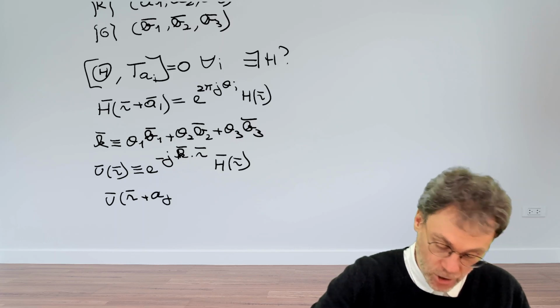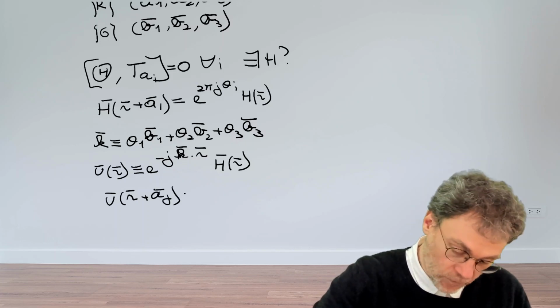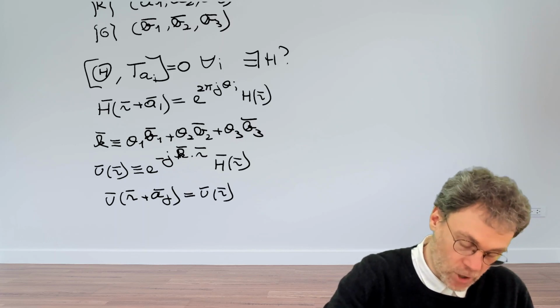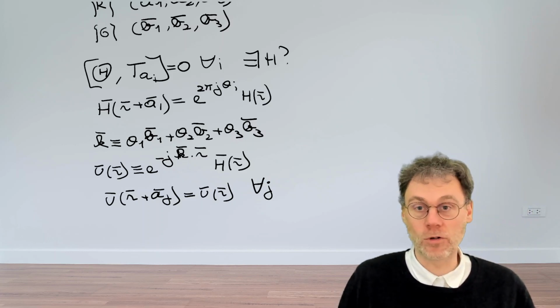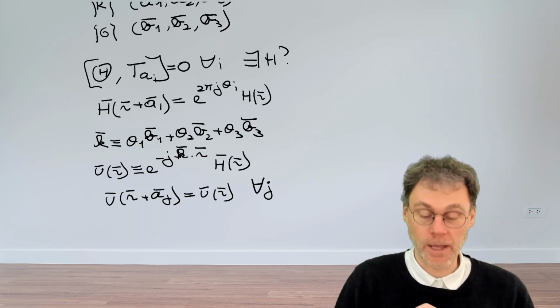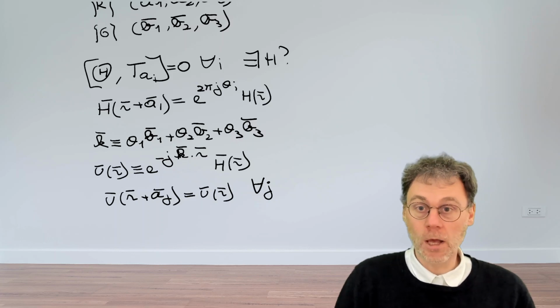So we need to have that if we plug r plus a_j into u, we get back the same u of r, not just for 1 translation in 1 direction, but actually for translations in all 3 independent directions. So this was the rather long setup for the exercise.